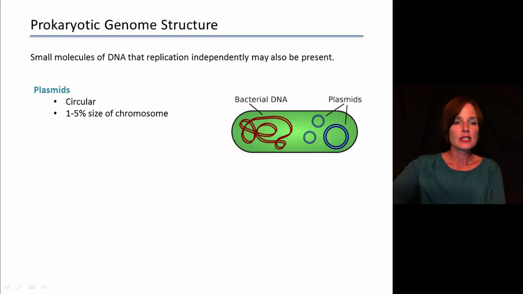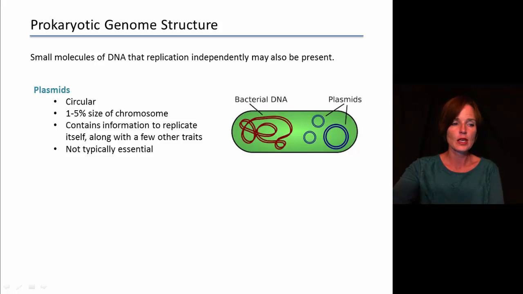These plasmids are also circular, and they're much, much smaller. They are 1 to 5% of the chromosome size in general. Certainly there is some size variation, and you can see that in the picture here. But these do replicate independently of the cell. Some bacterial cells will have plasmids, some of them will not.